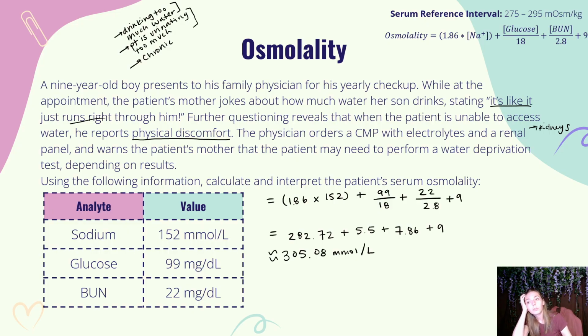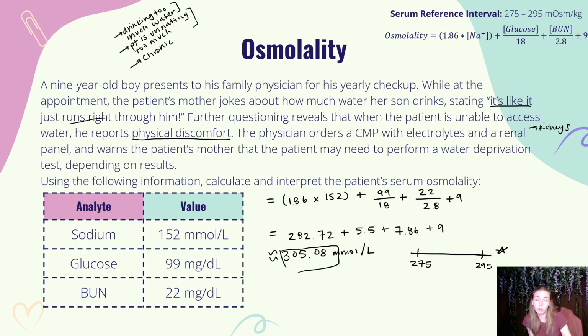If our reference range is 275 to 295, 305.8 is really elevated. So, what's happening here? Like I said earlier, the patient is drinking a lot of water.